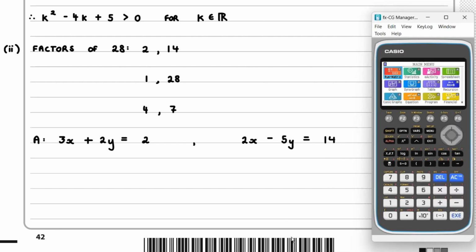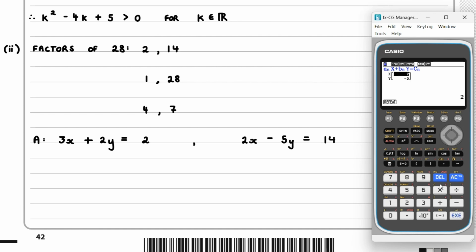Now let's solve this. If we go to the equation sub-menu on our calculator, we have a simultaneous equation with two unknowns. So we have 3x plus 2y equals 2, 2x subtract 5y equals 14.